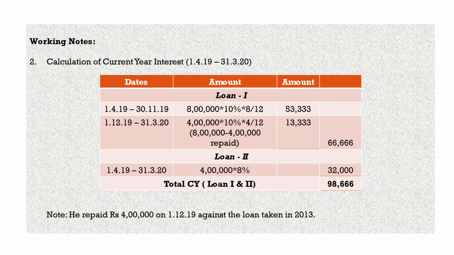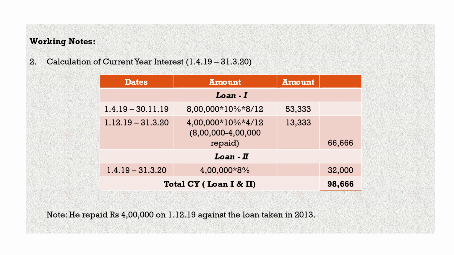Next, we need to calculate the interest for the previous year 2019-20, which is the current year interest. Here we should also note that Mr. M has repaid 4 lakhs on 1/12/19 against loan 1. So the loan 1 interest will be calculated in 2 parts.